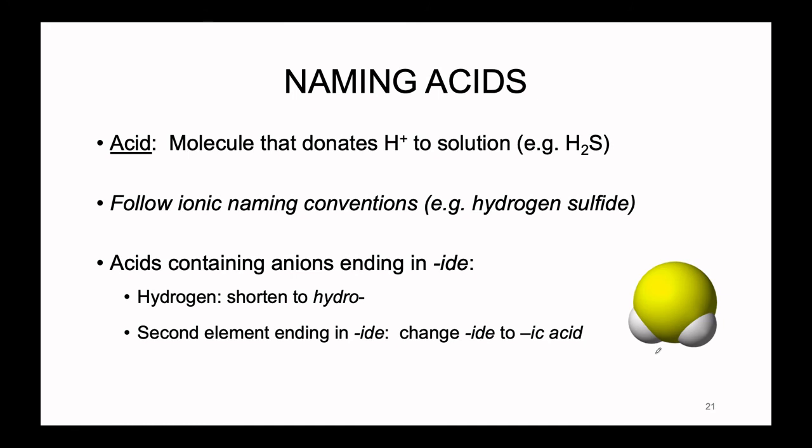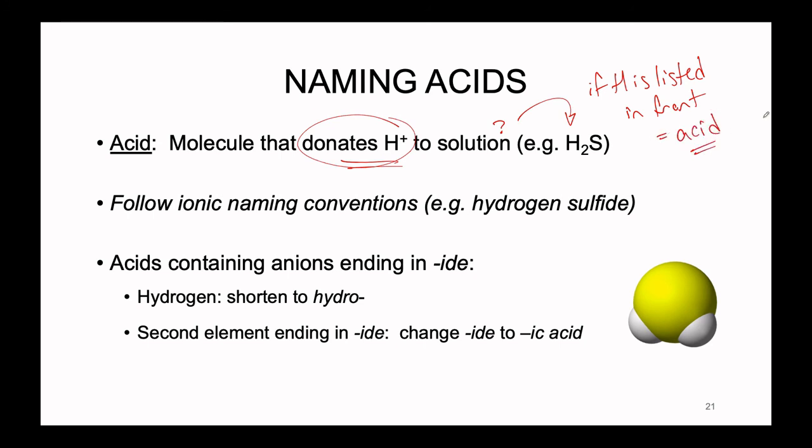So acids are molecules, specifically, which have been found to donate H+ to solution. So how do we know at this level when something is going to donate H+ to solution? In the chemical formula, we're going to have an H listed out in front. If H is listed in front, it is safe to assume that we are working with an acid.